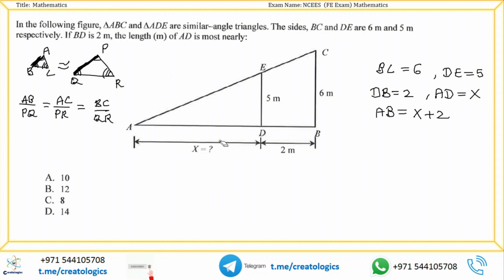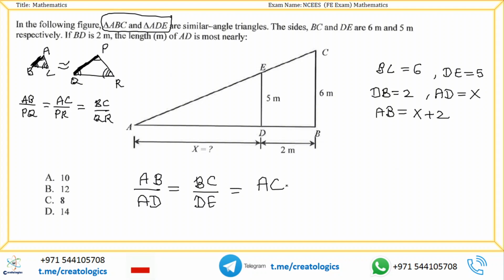Now we need to find the value of x. As it is already given, the triangles are similar, so I can say the side ratios AB over AD equal BC upon DE, which is equal to AC upon AE. That we already know.